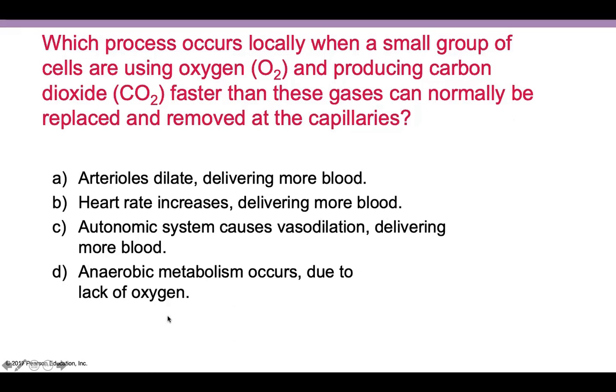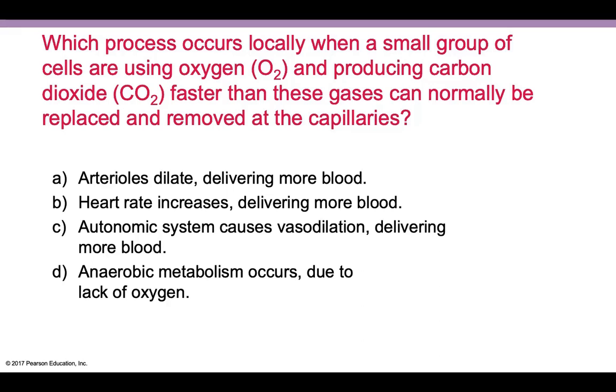Let's go through the list here. Arterioles dilate, delivering more blood. So that would make sense, right? If we're using up more oxygen and producing more CO2, that is a trigger to have arteriolar dilation, to have opening of the vessels so that we can deliver even more oxygen and remove even more of that CO2.